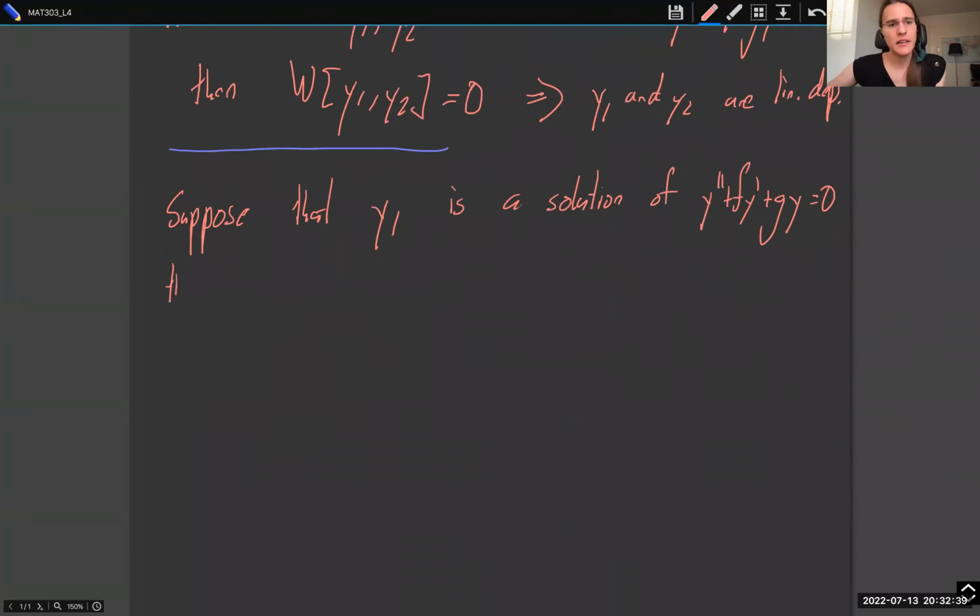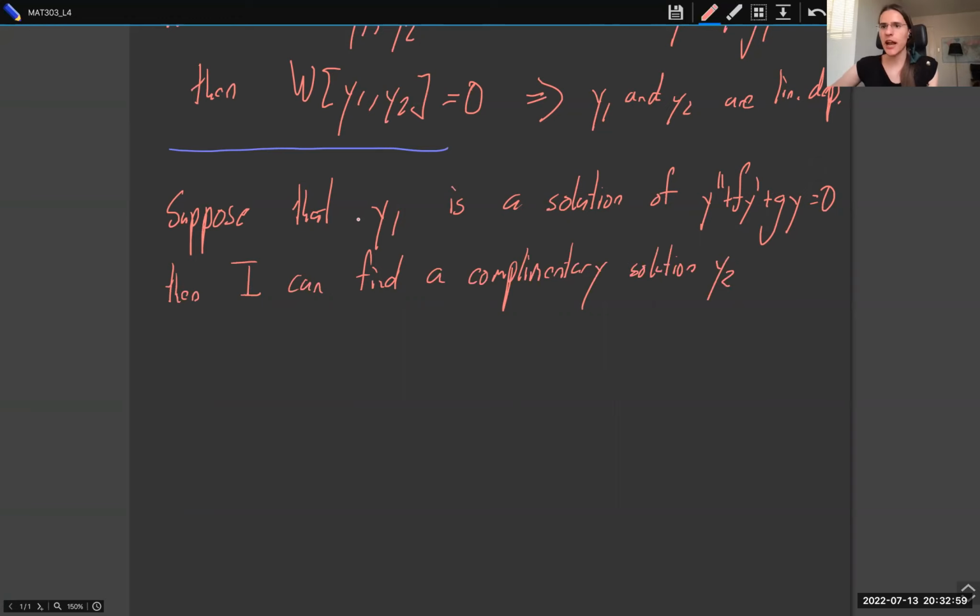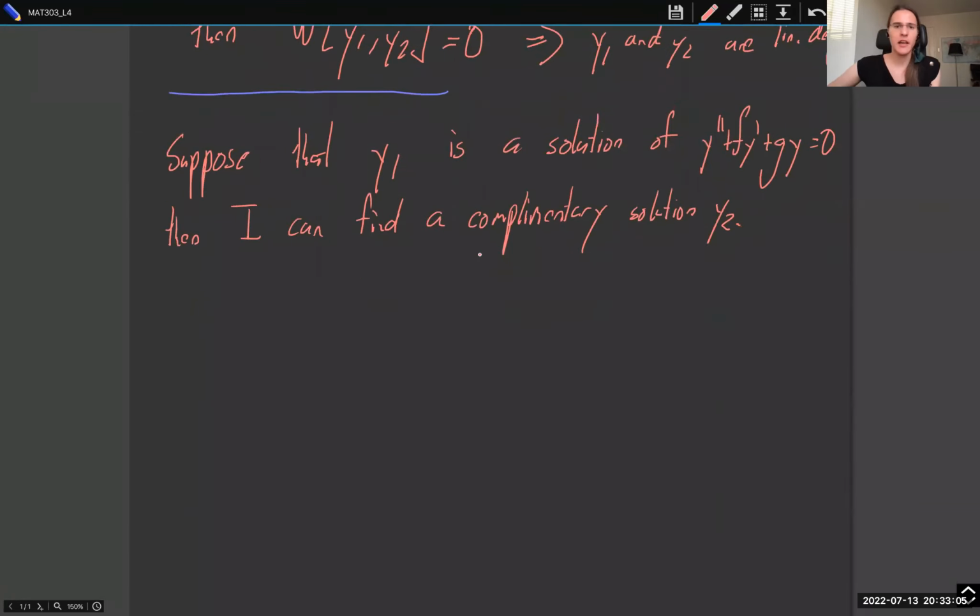Then I can find a complementary solution y2. So I'm going to show you that if I know one solution, then I'm able to find a linearly independent solution from it. And this is going to be using the Wronskian trick.